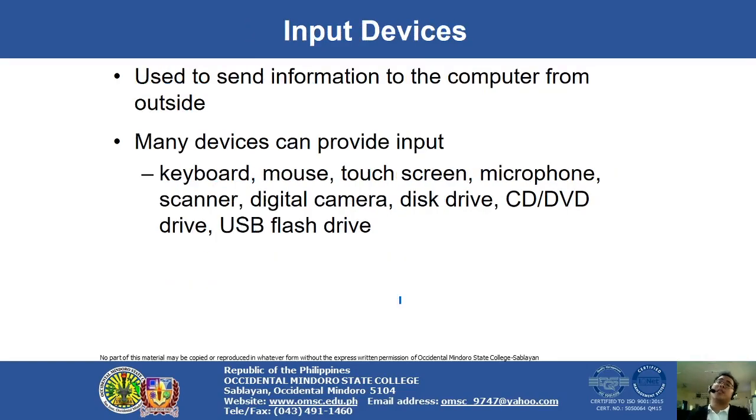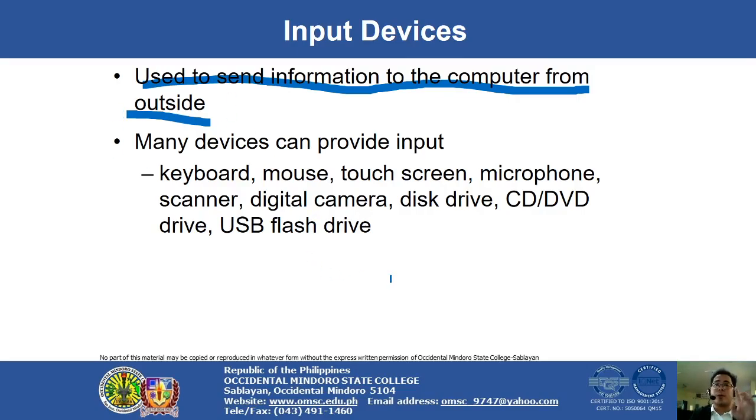Okay? What about the input devices? Sabi ko nga kanina, kapag sinabing input devices, used to send information to the computer from the outside. So, ibig sabihin, magsisend ng information sa computer, kasi nanggaling siya sa labas. Like, mag-encode ako. Anong gagamitin kong input devices? We're gonna use the keyboard. Magpo-point ako. Mag-move ko yung arrow. Anong gagamitin natin?